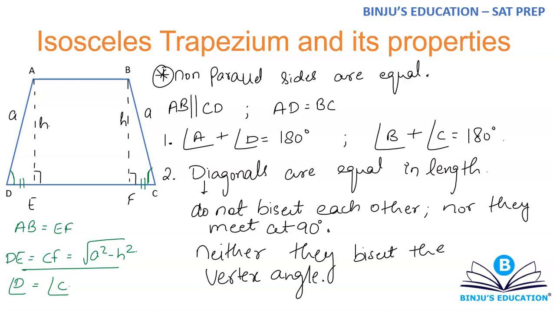Second thing is, this angle A will be equal to this angle A, and since this is 90, you can simply say that the entire angle A will be equal to entire angle B.